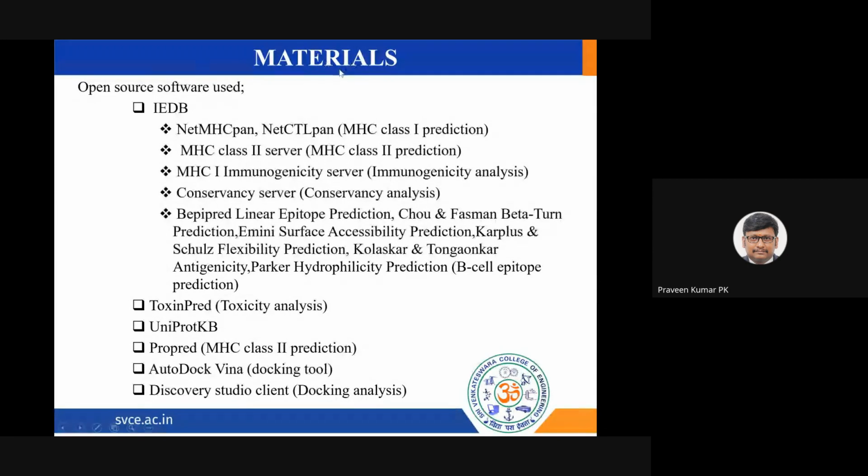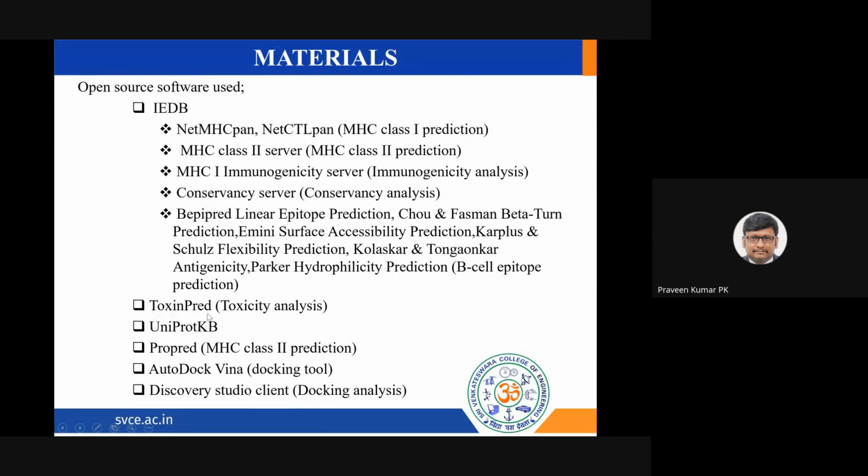So now we can see the materials and methods. The open software used is IEDB. In IEDB, we have the tools NetMHCpan and NetCTLpan, which are used for predicting MHC class 1. For predicting MHC class 2, we are using the MHC class 2 server. Immunogenicity, I think I've shown you all these things on the IEDB website itself. For B cell prediction, we can use these algorithms to predict the B cell epitope.